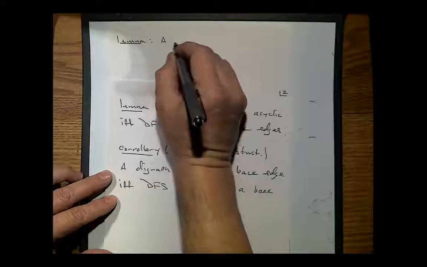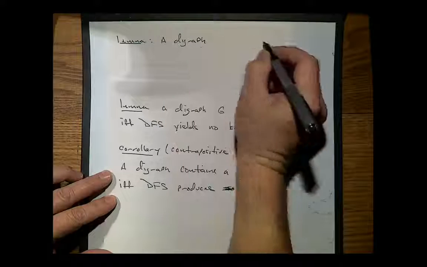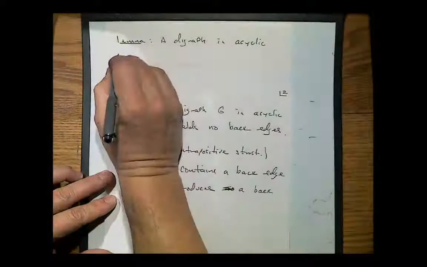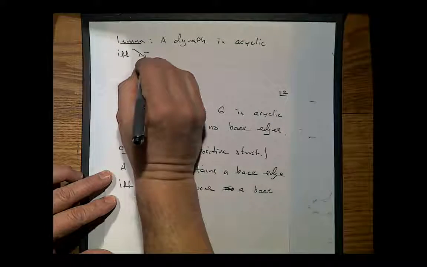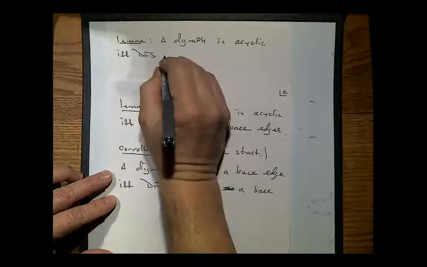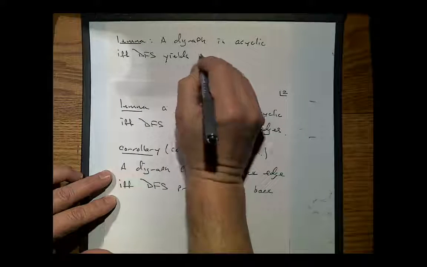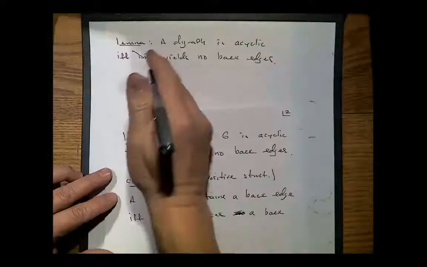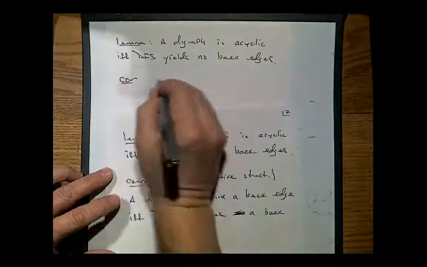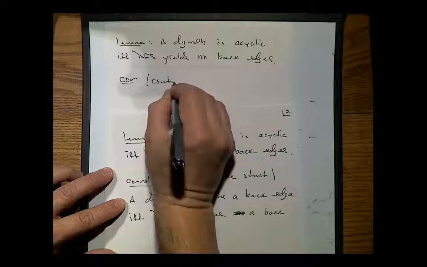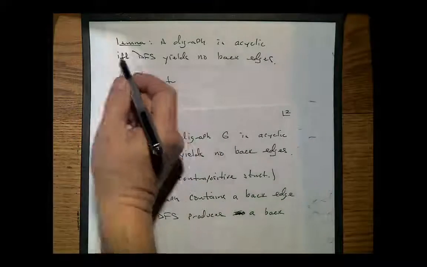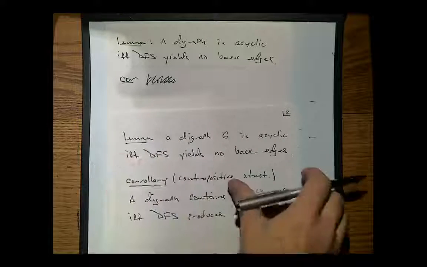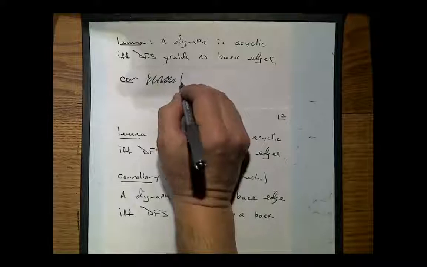A digraph is acyclic if and only if DFS yields no back edges. That's right. And here's the corollary. It's the contrapositive. Actually, it's not the contrapositive because this is if and only if. It's just the negation of the left and the negation of the right. I won't even call it contrapositive. So it's logically equivalent.